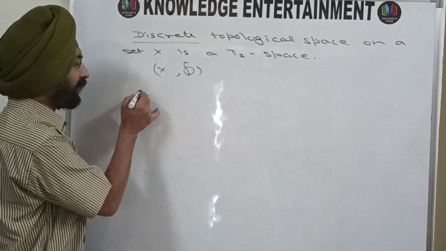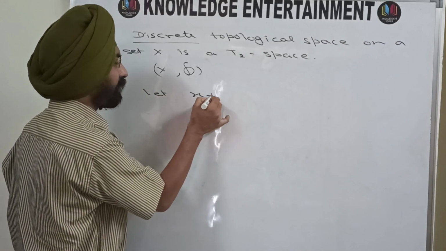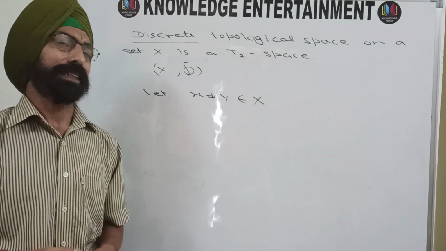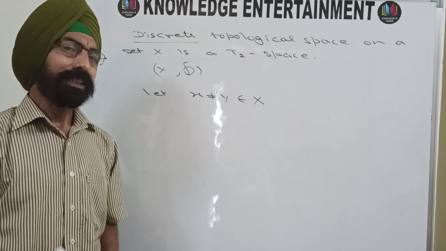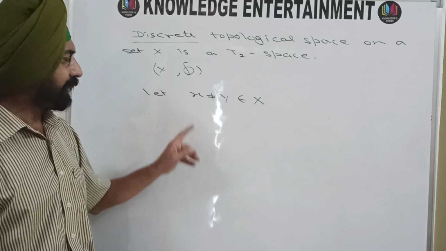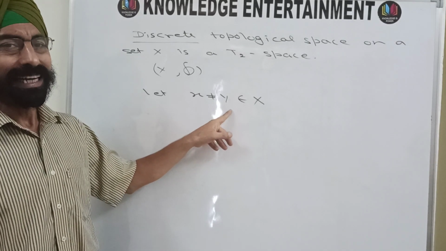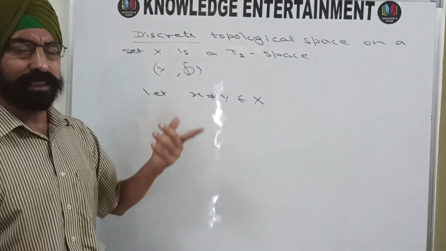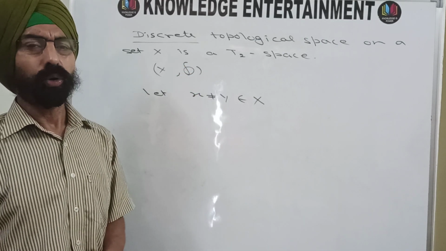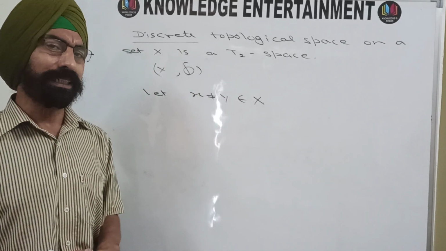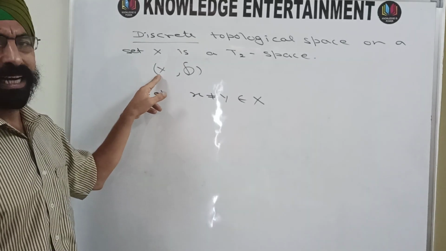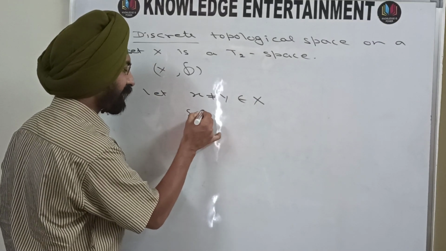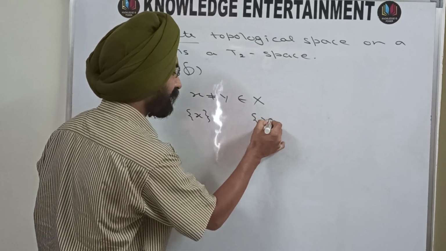How? Let X and Y be two distinct points of the set X. Now what I want are two open sets G and H, G containing X, H containing Y, and G and H must also be disjoint. In the case of discrete space, it is very easy. Because in the discrete topological space, every subset of X is open. So why not take the easiest ones, the singleton set {X} and the singleton set {Y}.